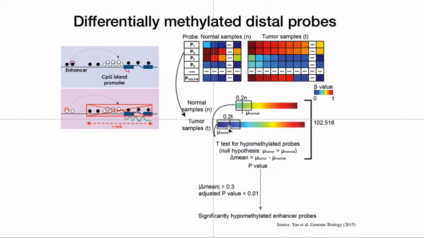In a way, we consider that we have different molecular subtypes. If we are using the supervised mode, we're going to use 100% of the samples, take the mean, and just compare that. Our null hypothesis is simply that the mean of the tumor is higher than the mean of the normal. We use a 30% difference of DNA methylation levels with an FDR of 0.01. Those are the default values.